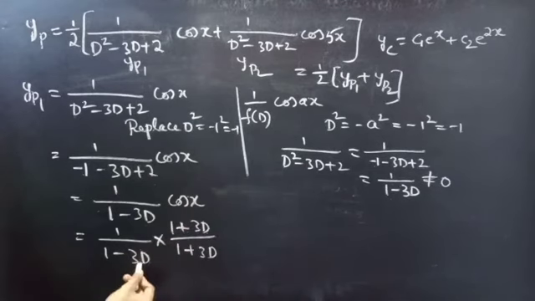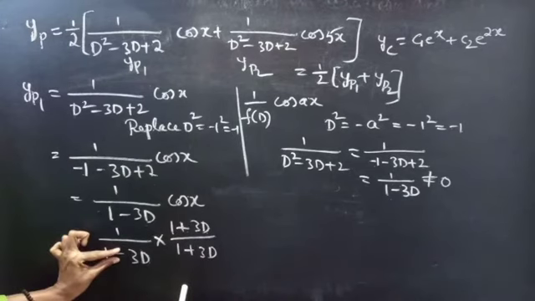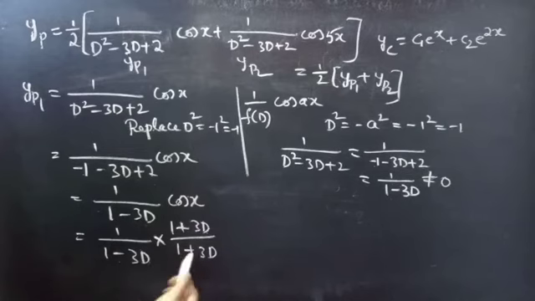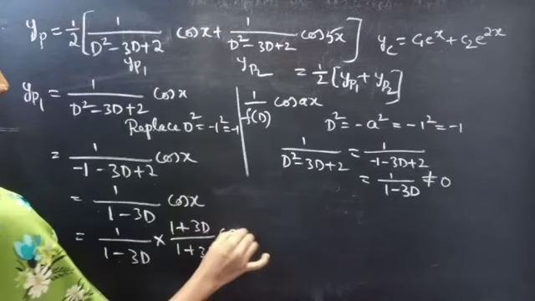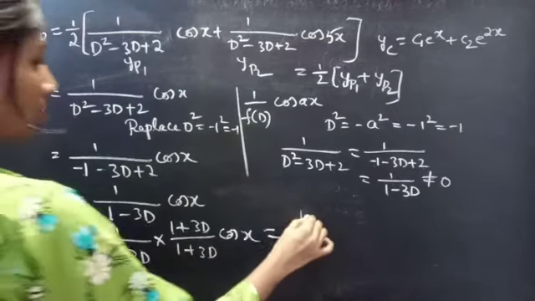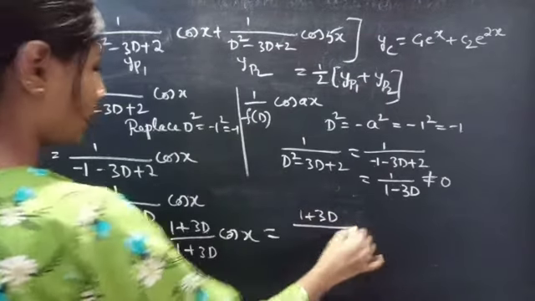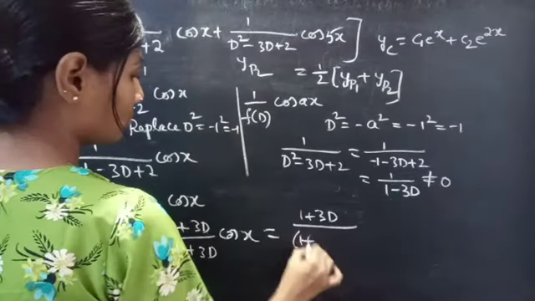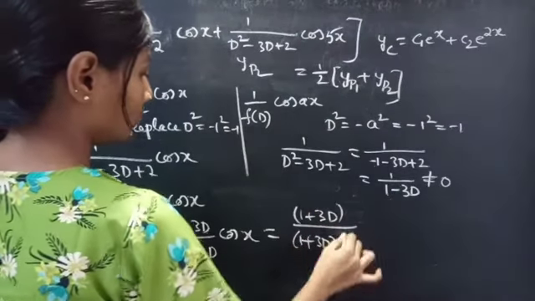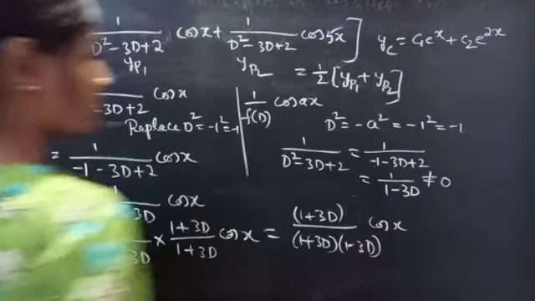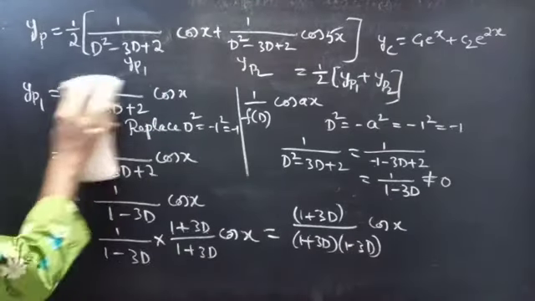Here you have 1 minus 3D, so we'll just change this sign to plus and multiply and divide the fraction. Then we'll get 1 plus 3D by 1 plus 3D into 1 minus 3D, into cos x. Right?